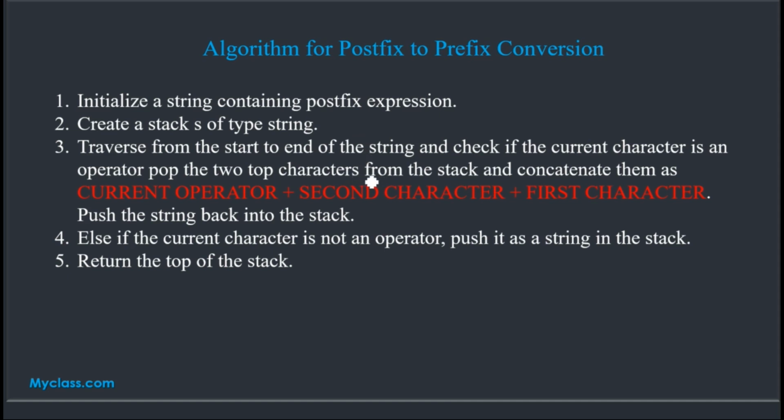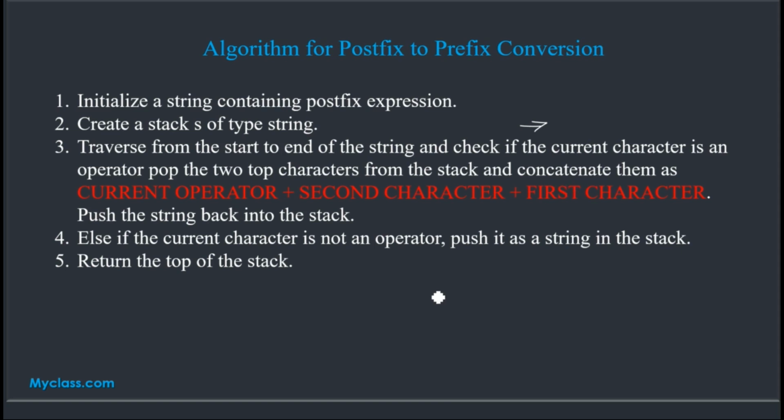Then traverse from start to end, that is left to right. We are scanning from left to right and checking if the current character is an operator. If the current character is an operator, we pop the two topmost characters and concatenate them.